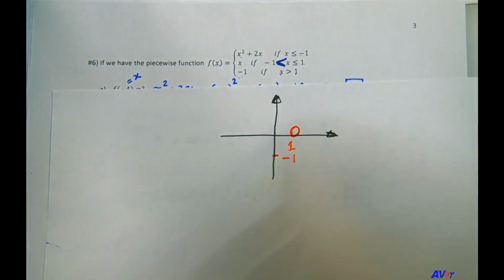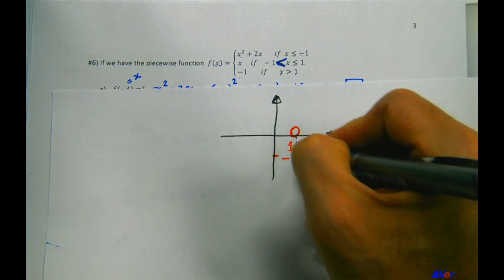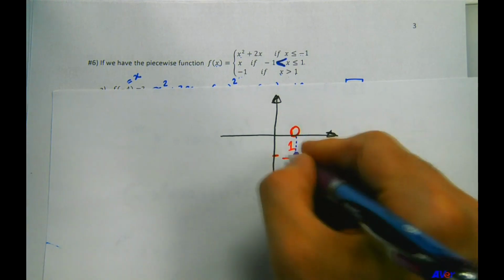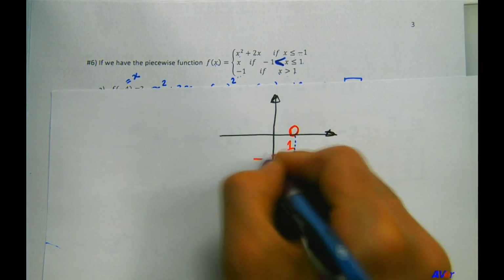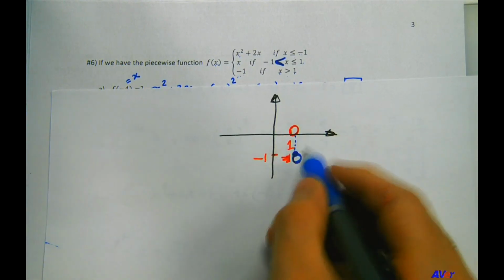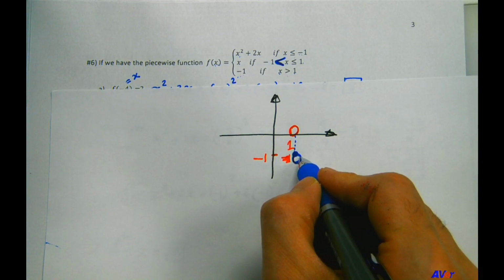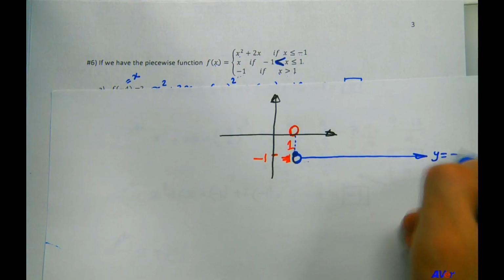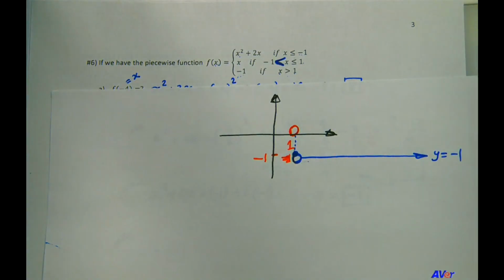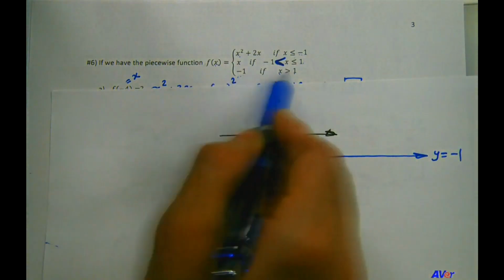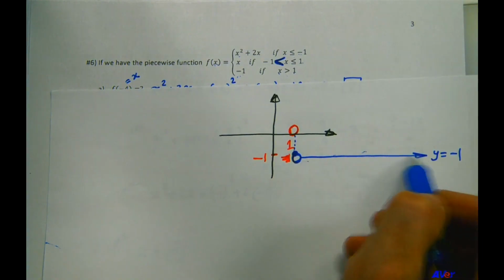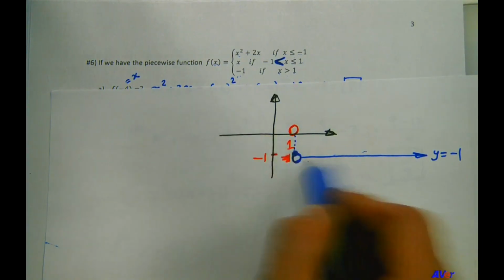Starting at x equals 1, somewhere here, I put a hollow circle there. At that point, the value of the function is always -1. The equation of this line is y equals -1. That's how just the bottom piece would plot. So x is increasing to infinity, but the value of the function remains at -1.